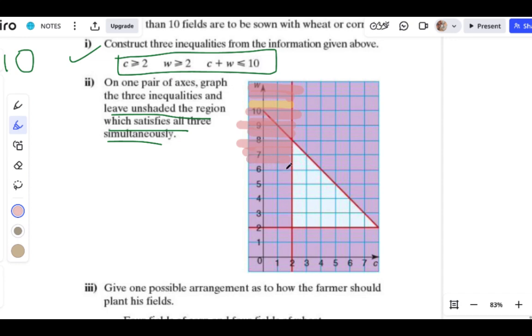We shade this way, because C is greater than or equal to 2, so we shade the smaller side. Greater than 2 is this way, so we don't shade it. They say leave unshaded, so don't shade the region which satisfies the inequality. You shade the opposite region. Is that okay?